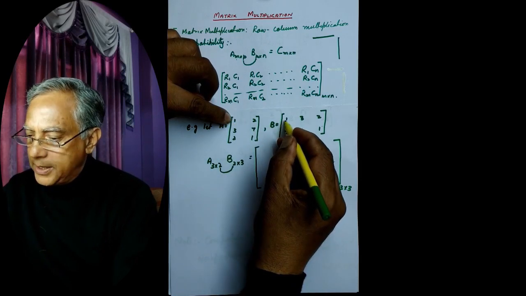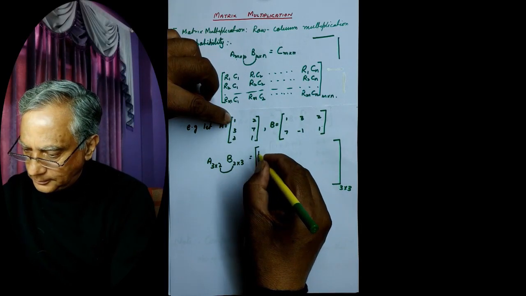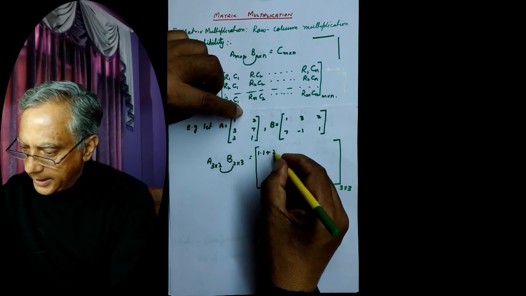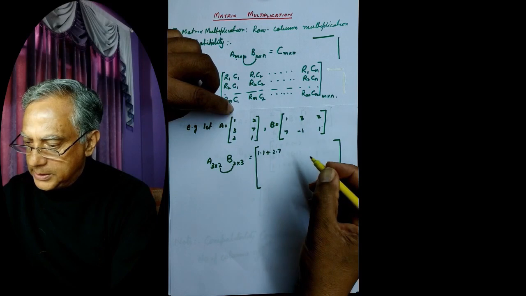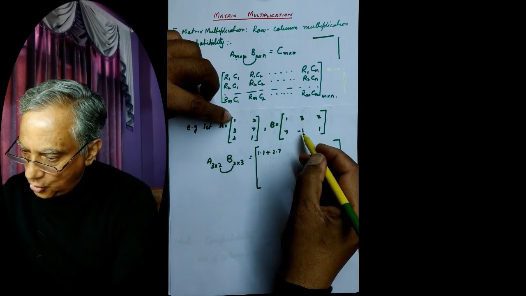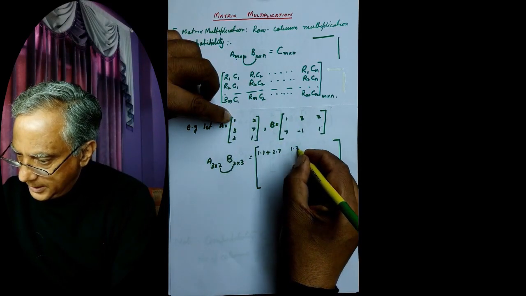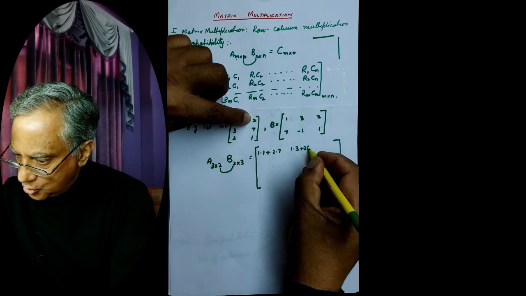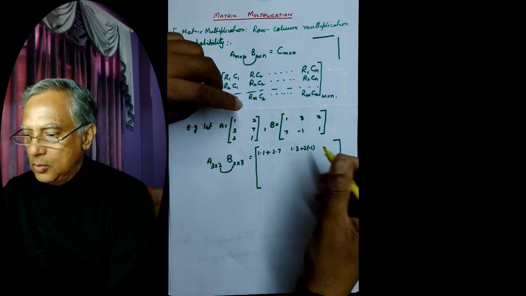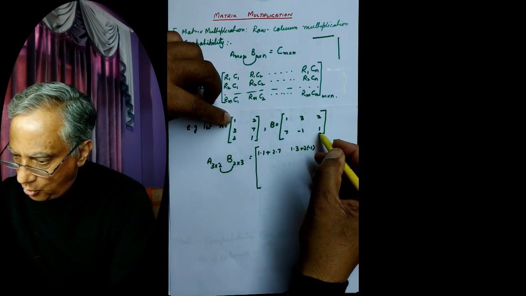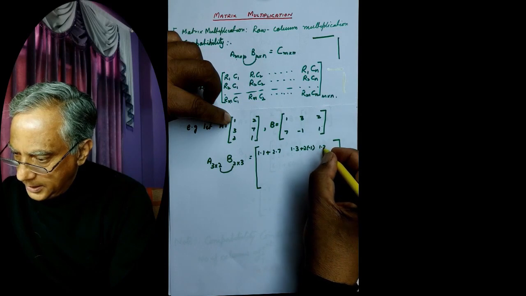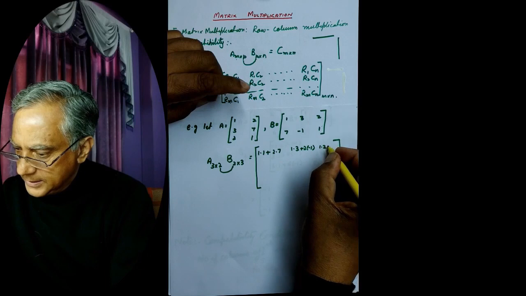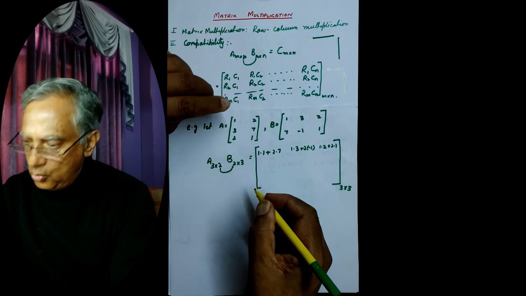So this will be 1 into 1 plus 2 into 7. Now first row with the second column: 1 into 3 plus 2 into minus 1. Now first row with the third column: 1 into 2 plus 2 into 1.